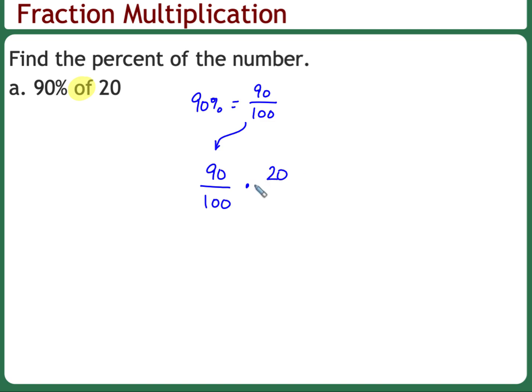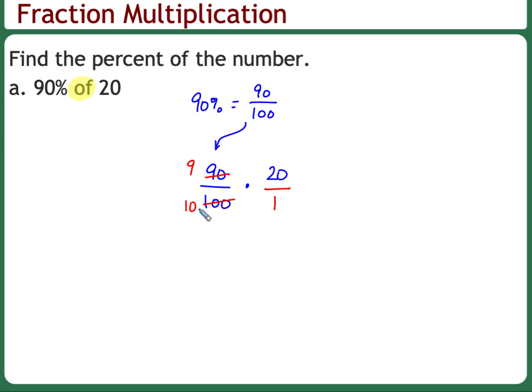Now remember, when we do fraction multiplication, we take any whole numbers and we put them over 1 to make them an improper fraction. And now we can either multiply numerators and denominators, then simplify, or we can simplify before we multiply. So I prefer to simplify before we multiply. So any numerator with any denominator, so 90 over 100, those are both divisible by 10. I can make that 9 over 10.